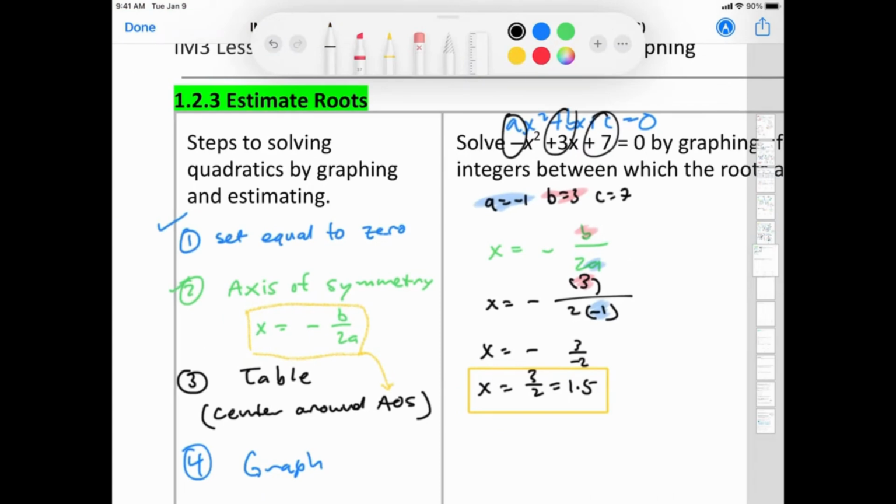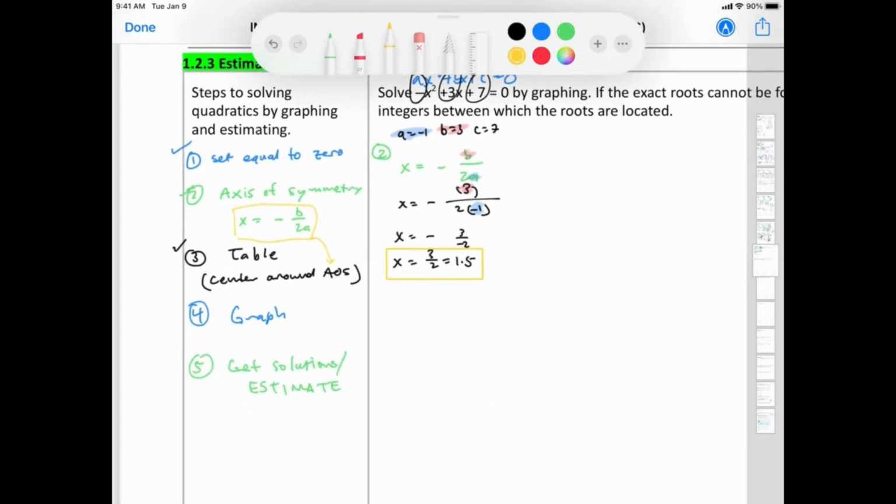So let us remind each other what we've done so far. Number 1, it's already set equal to 0. Number 2, we found the axis of symmetry using the formula x equals negative b over 2a, and now we're going to create a table of values. Let's go ahead and do that. Our function is negative x squared plus 3x plus 7, and our solutions are ordered pairs.